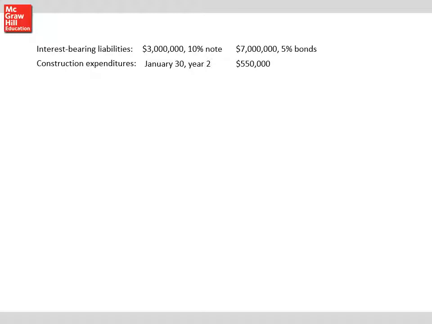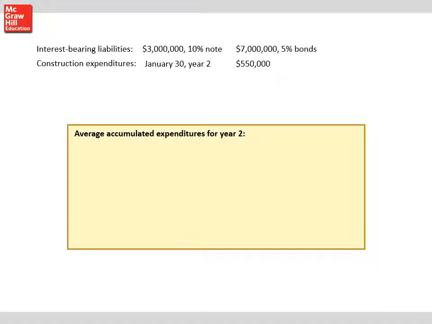Okay, so in the second year, let's see how we would do our calculations. There was only one construction expenditure, and it happened in January. Now remember, the construction ended 3 months later, so from January 1 through March 31st, we open our year up with our $1.5 million in expenditures because we should still calculate interest on last year's expenditures plus the capitalized interest from last year.